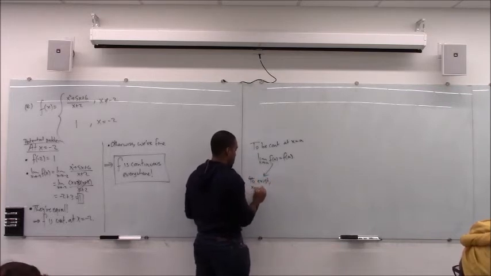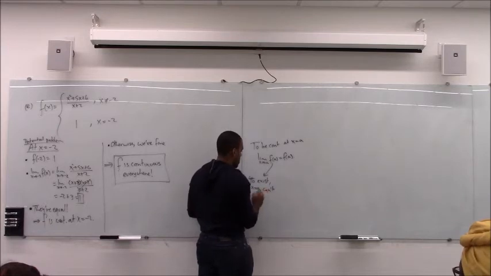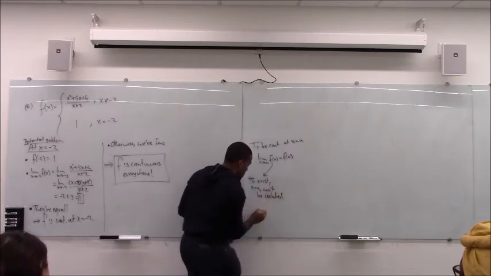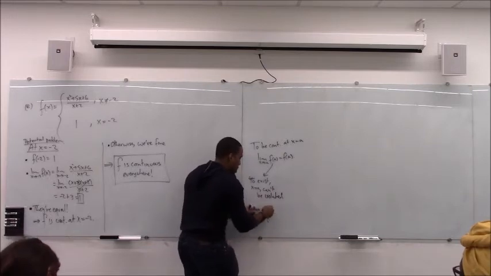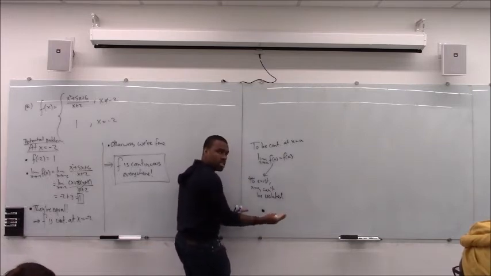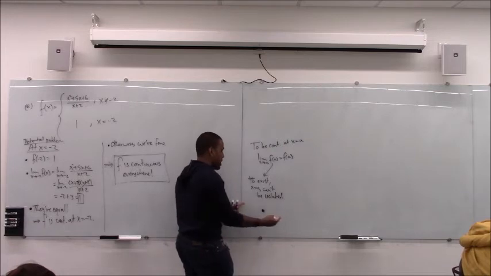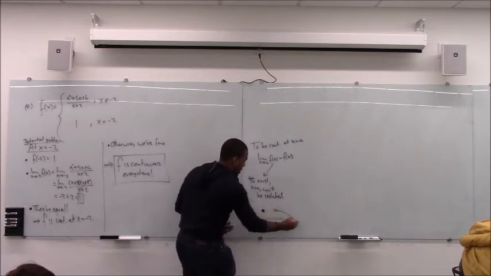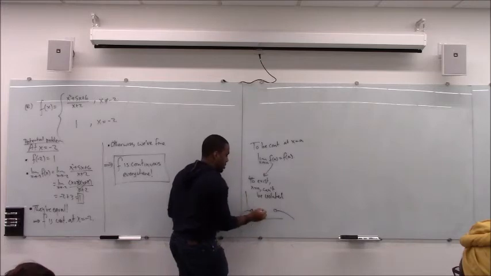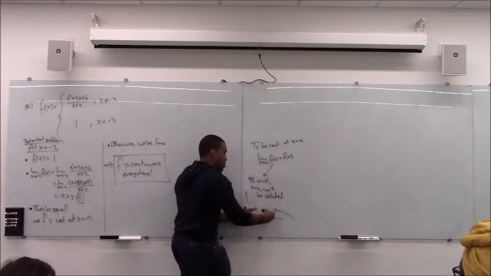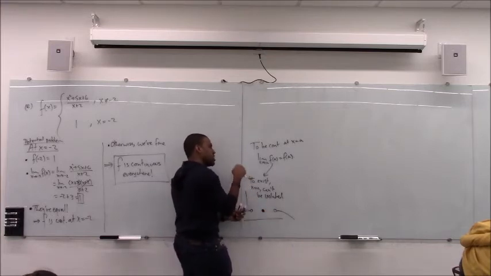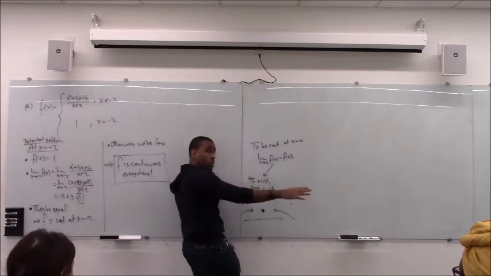So you'll never have a situation where it works out at this point, but it won't work out anywhere beside it. That's not possible. Because if I had a graph that looks like that, and at this one point it's filled in, I can't really approach it with a limit. I can't actually get close in the first place. So it wouldn't make sense to say it's continuous at this specific point and nowhere else.